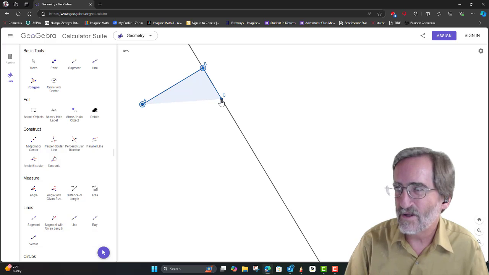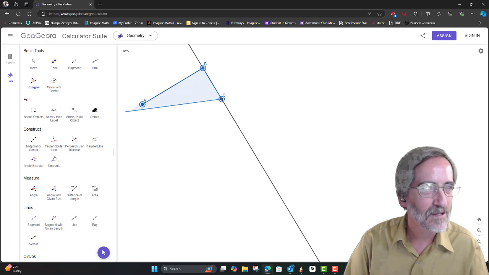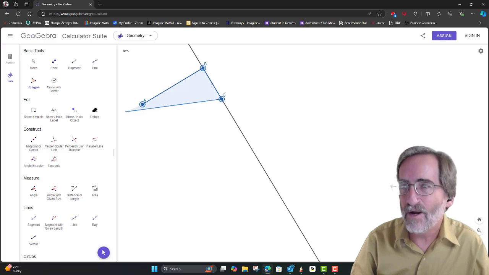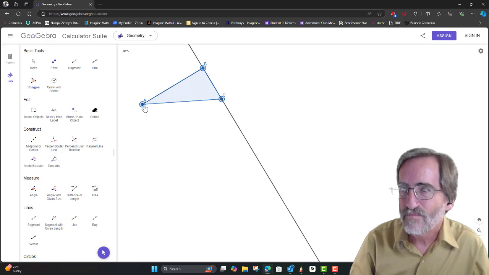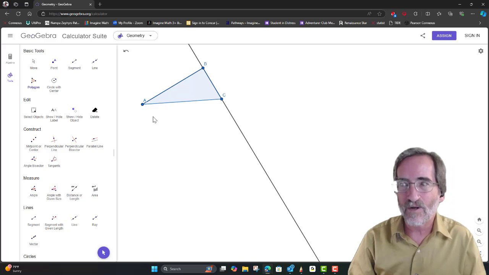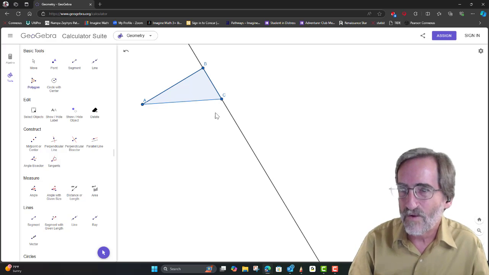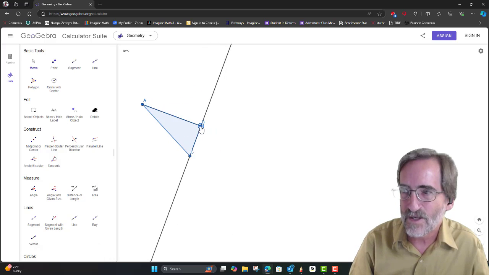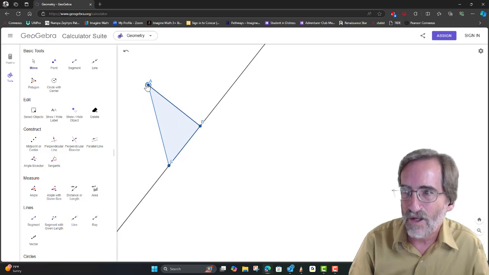A, B, C. Excuse me. All right. Good. So we've got a right triangle that we've constructed, and we can move it around and change it, by swinging this side around, moving point C to change it, moving point A.